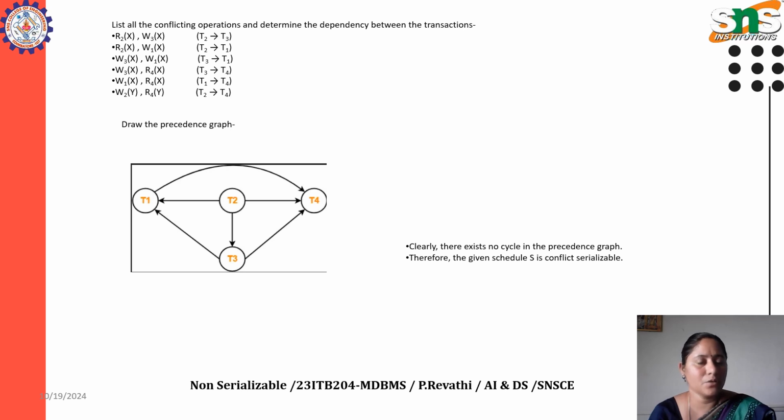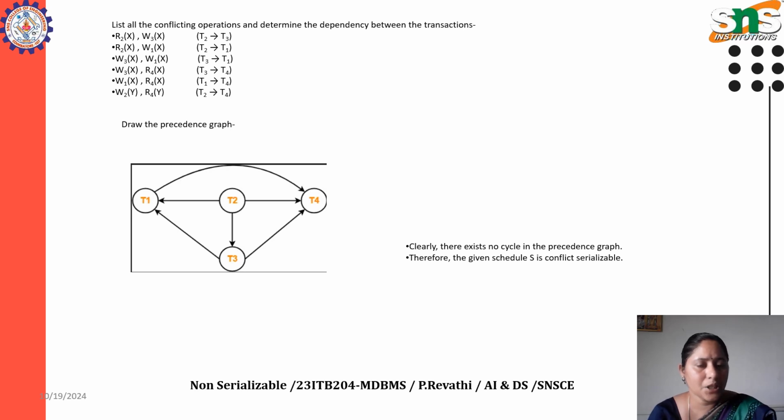Now we have found the dependencies for the transactions T1, T2, T3 and T4. Now we need to draw the precedence graph for the dependencies.